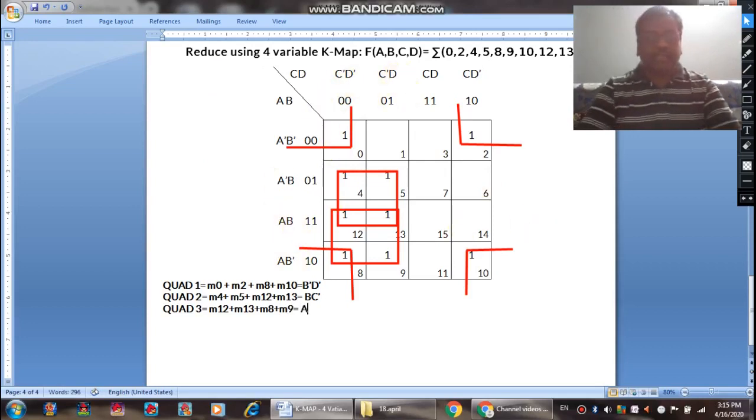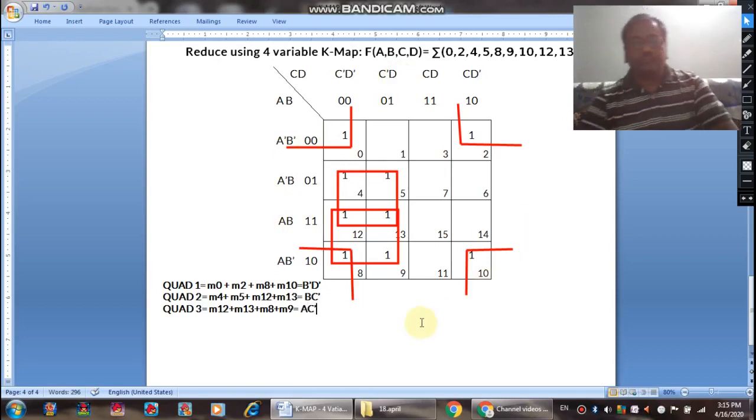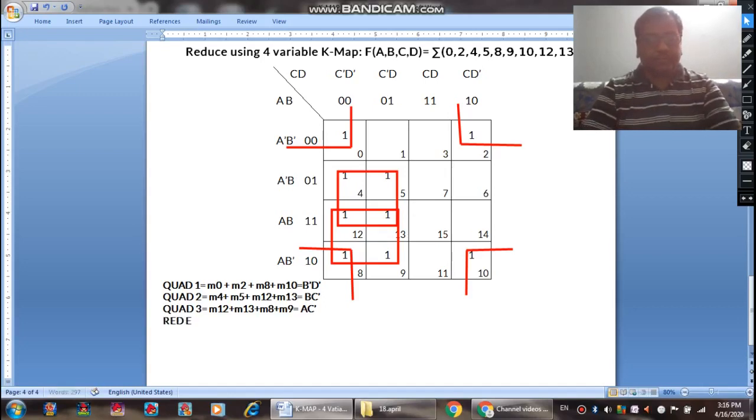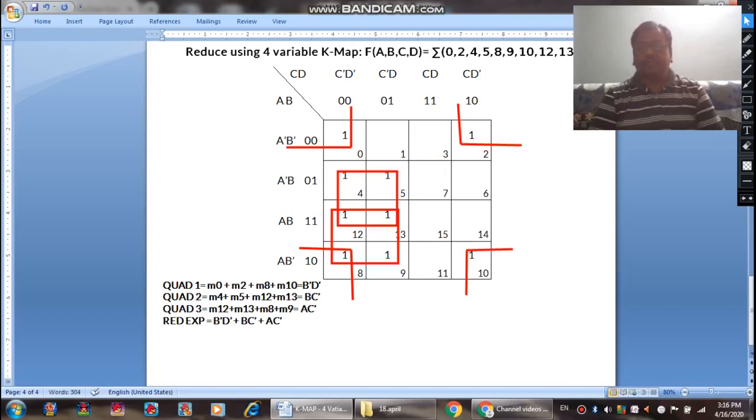Therefore the reduced expression for this K-map will be equal to B bar D bar plus B C bar plus A C bar. This is our reduced expression.